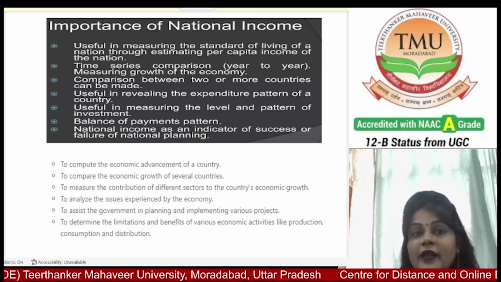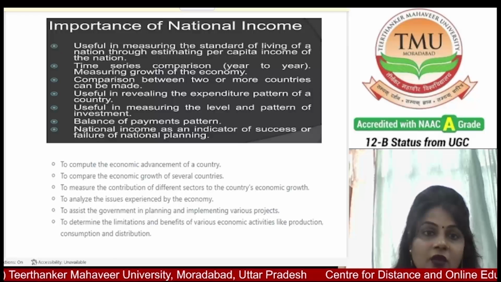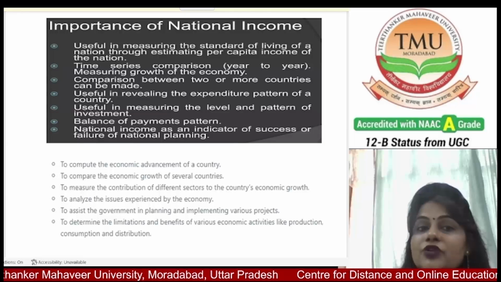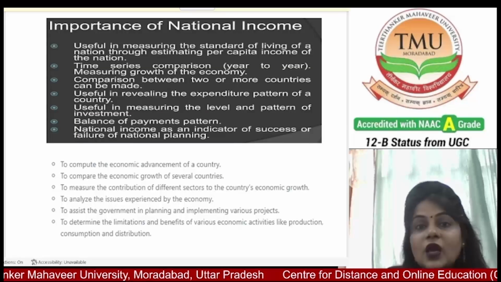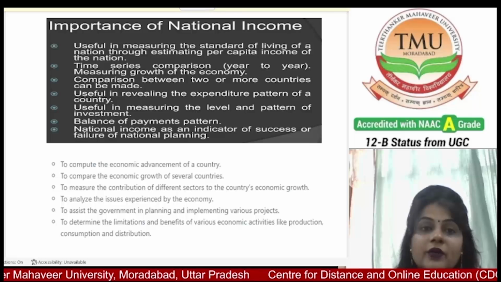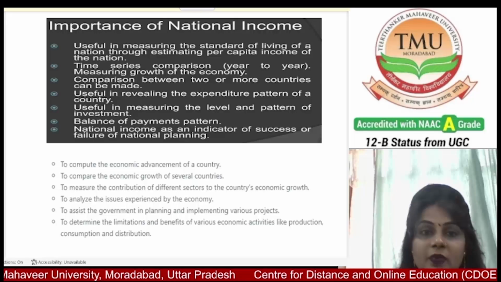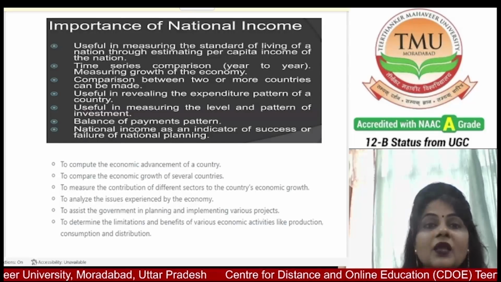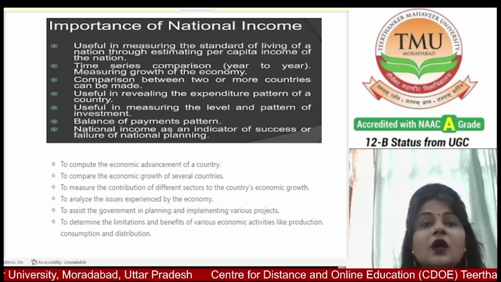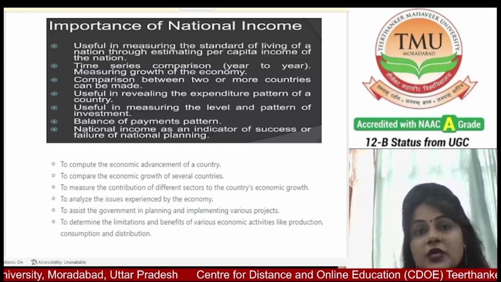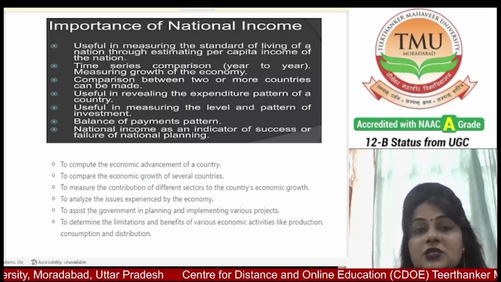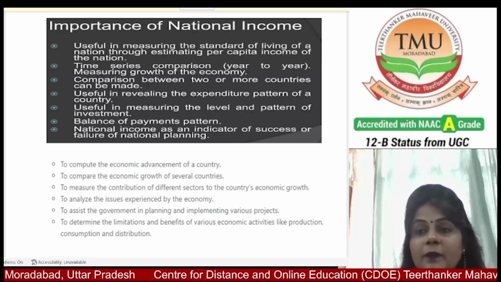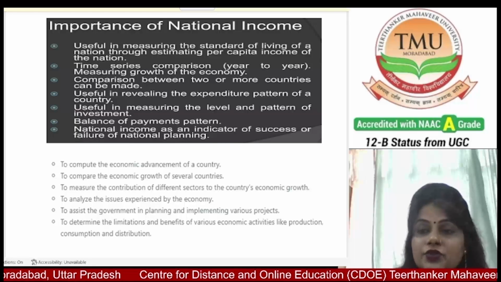So, to compute the economic advantage of a country, to compare the economic growth of several countries, to measure the contribution of different sectors to the country's economic growth, and to analyze the issues experienced by the economy, to assist the governments in planning and implementing various projects, and to determine the limitations and benefits of various economic activities like production, consumption, and distribution.